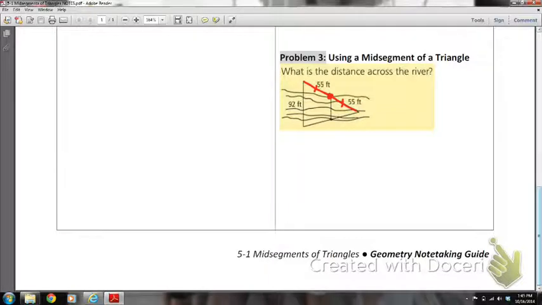So what we're wanting to know is the distance across the river, so we'll call that X. And the distance across the river, since this is a mid-segment of this triangle, is going to be half of the side that it's parallel to. So here we have X is equal to half of 92. So it's going to be 46 feet across the river.